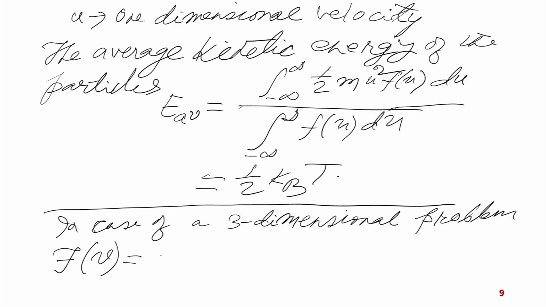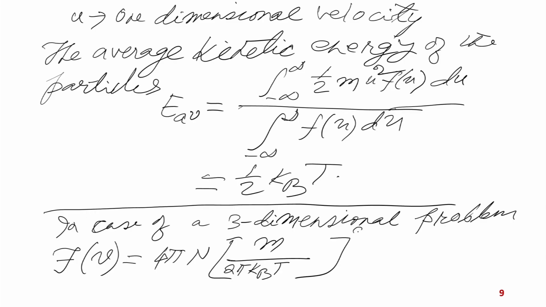So, I can write this is equal to 4 pi n, times m over 2 pi k_B T to the power 3/2, multiplied by v square and then the exponential. This expression for the probability distribution function will change here, while the argument of the exponential, minus m v square over 2 k_B T, remains the same.